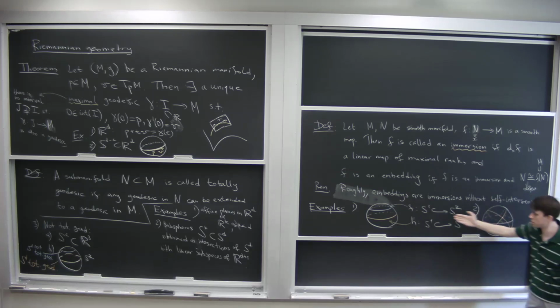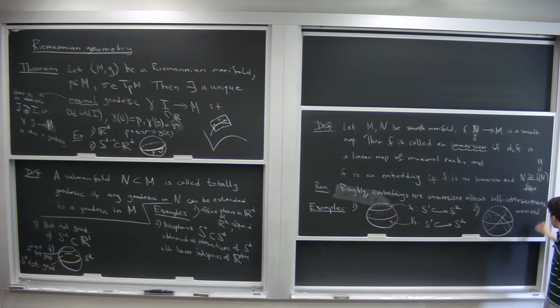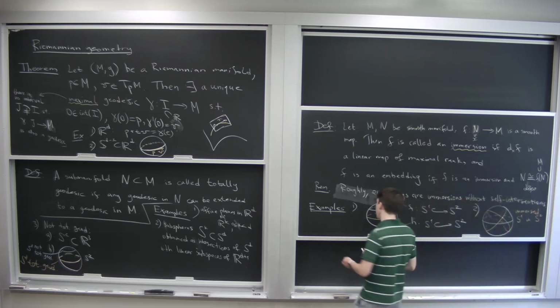So it's also a circle, right? But it's already an immersed circle. So this orange is an immersed S1 in S2.